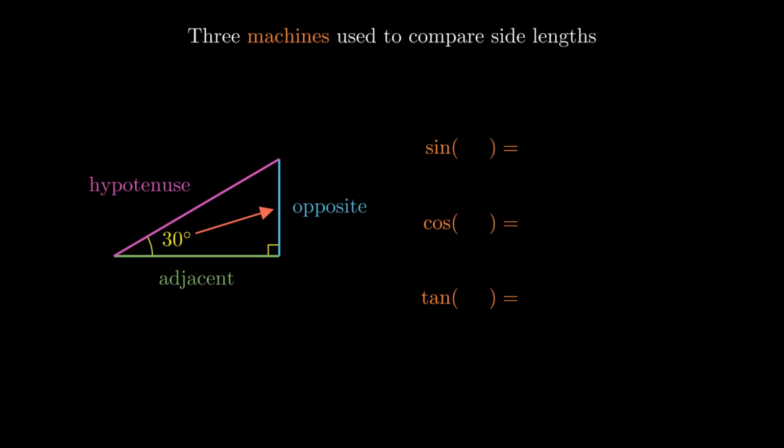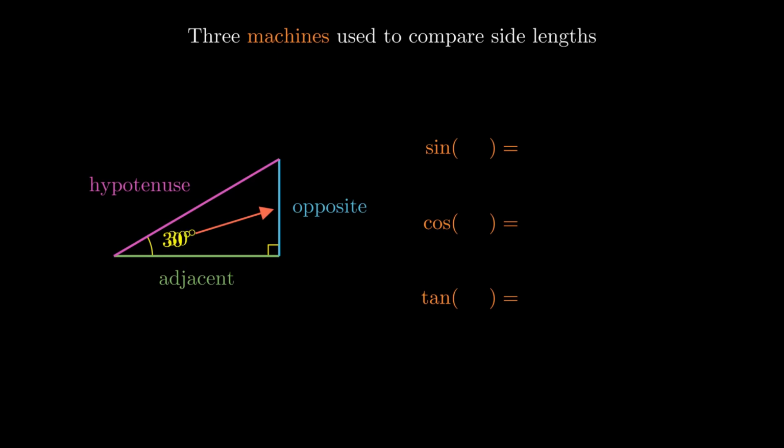Now, I'm calling them machines, and notice I've drawn brackets next to them. In fact, if you get a calculator and you just hit sine, cos, or tan, you'll see that it pretty much always draws a bracket for you straight away, and that's because these guys are not numbers. They are these machines that expect you to feed them a number. And in particular, they expect you to feed them an angle.